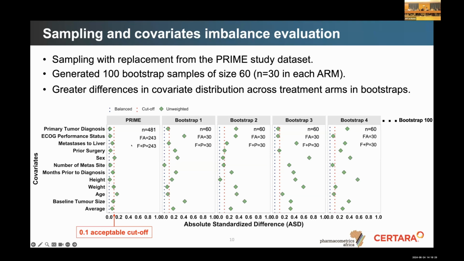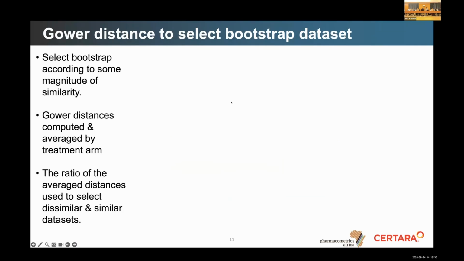Given that we now have 100 bootstrap samples, we want to gain control of them in some way, because obviously there are these differences that we have seen, but we don't know in terms of magnitude how different they are from each other. So what we attempt to do now is get some magnitude in order to measure similarities or differences.